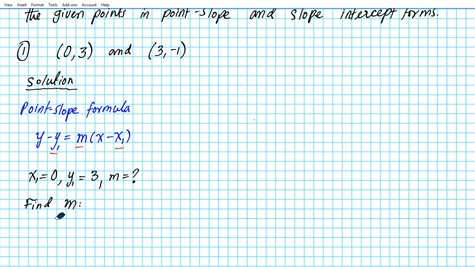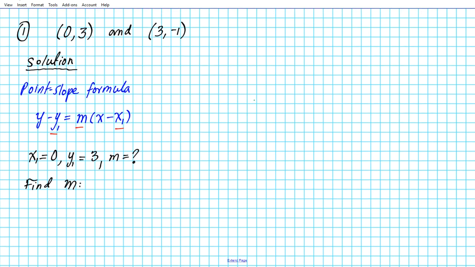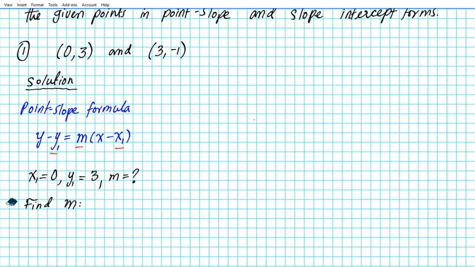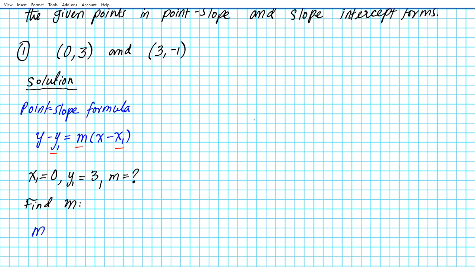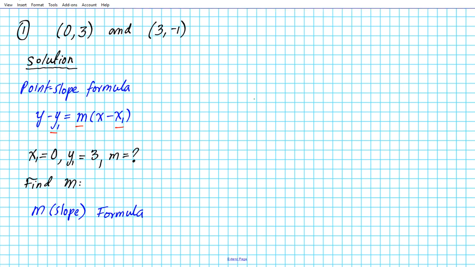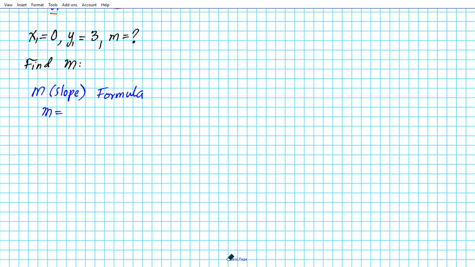Okay? So to help us find what m is, we have to recall what the slope formula is. Okay? So the slope formula, m, is given by m equals the rise over run.